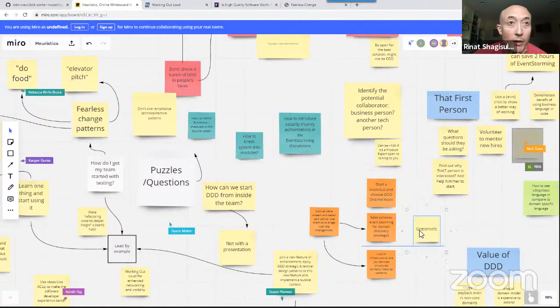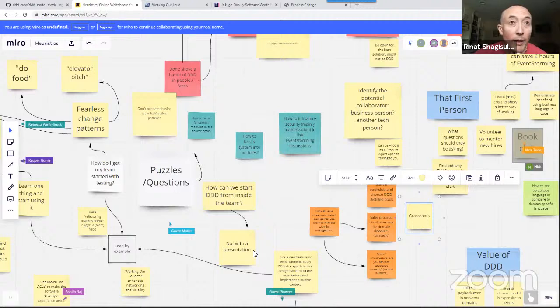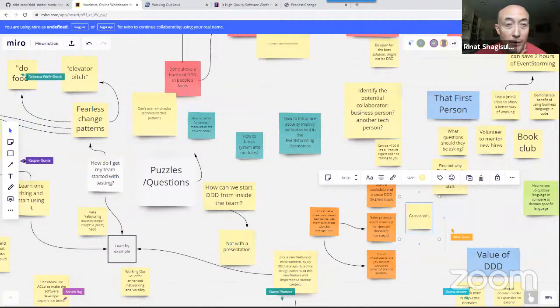They just need some structure so they can eat the elephant in smaller chunks. And the book club framework and process really sets them up to go through content that they may not necessarily understand or may not have time to do.